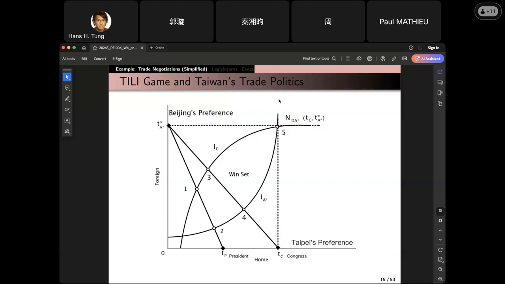So can you think of any issues and any assumptions that might not be appropriate, and we should change? We should lift that assumption, maybe, or change the assumptions. Anyone? So perhaps the situation back then, you have to consider people's sentiment.